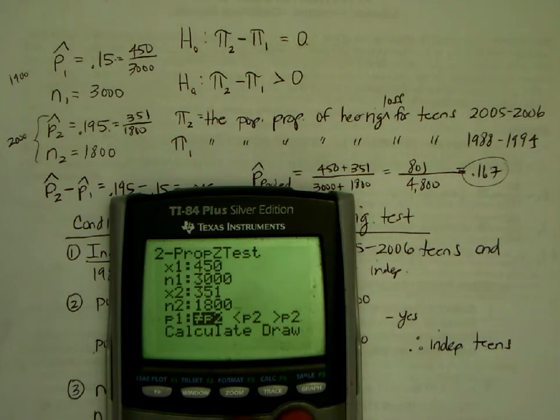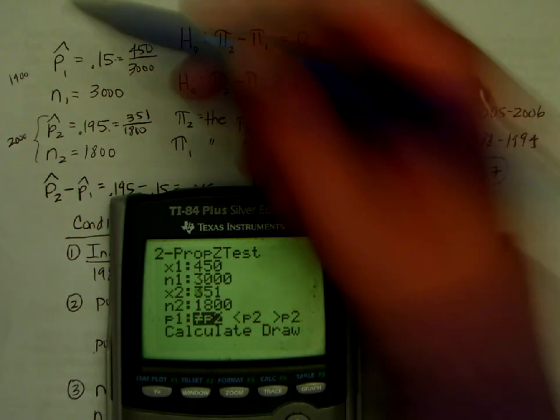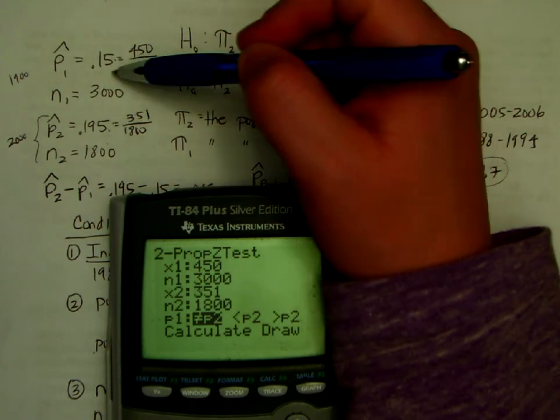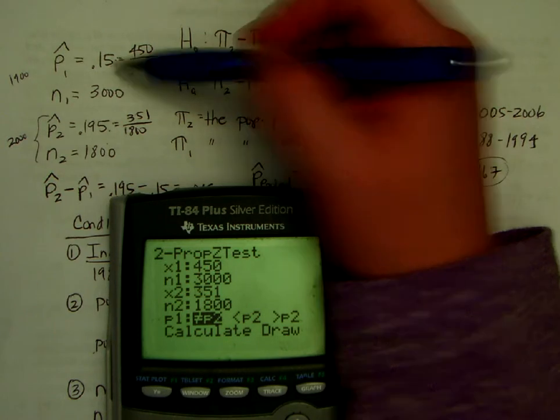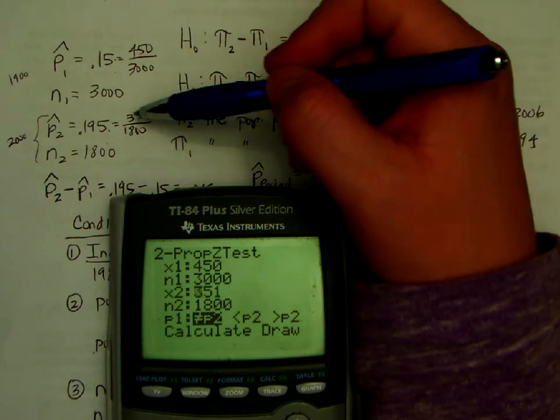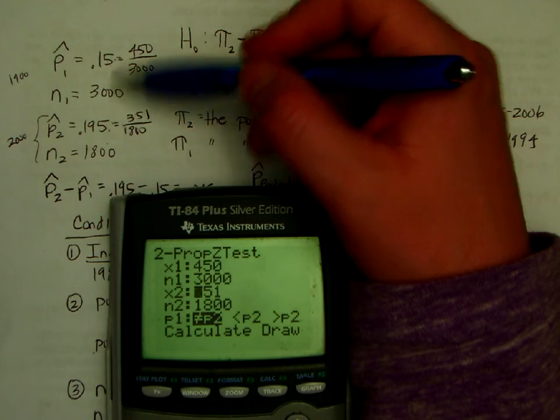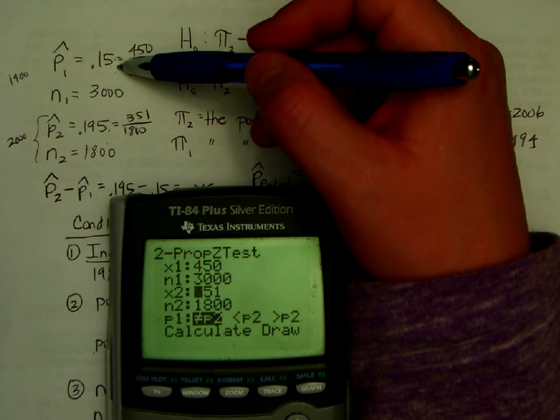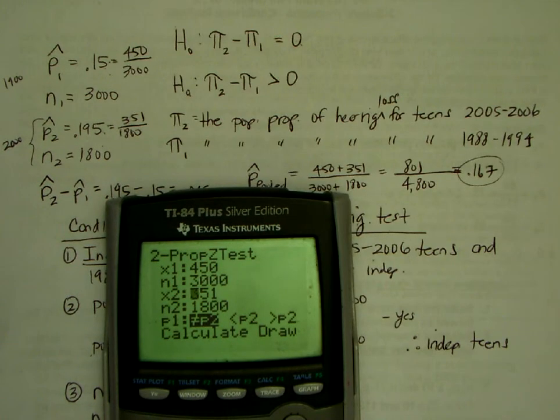But I totally just entered that wrong, because if I wanted to subtract this minus this, so that I have a larger p hat difference, 0.195 minus 0.15, I actually have to enter my p hat 2 first. So I got to change that.